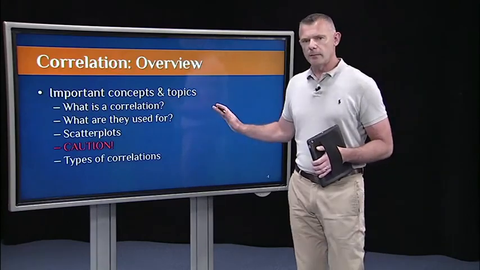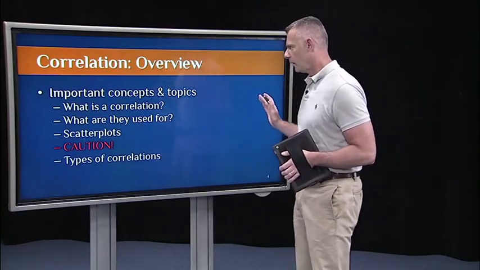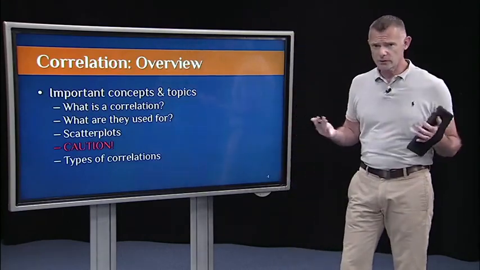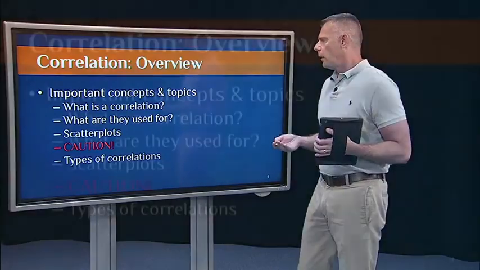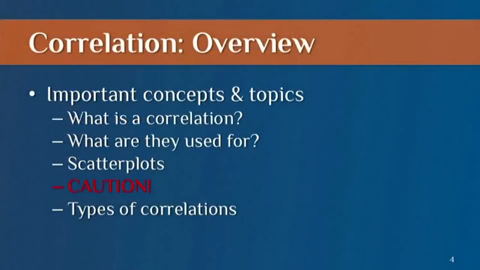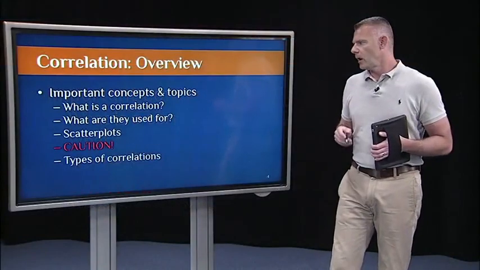The important concepts and topics to take away from this first segment are, first, obviously, what is correlation? And then what are they used for? We're also going to look at a lot of scatter plots. You saw some scatter plots in lecture 2 when I talked about the method of correlational studies, but now we'll really investigate scatter plots and look at all the details.